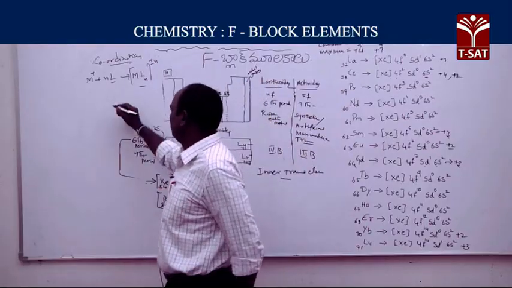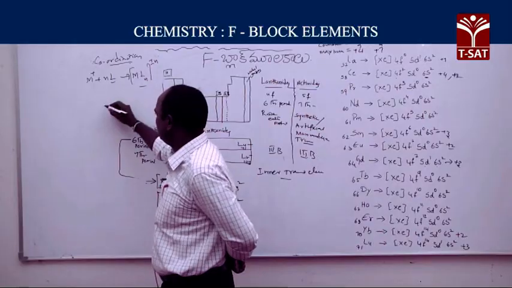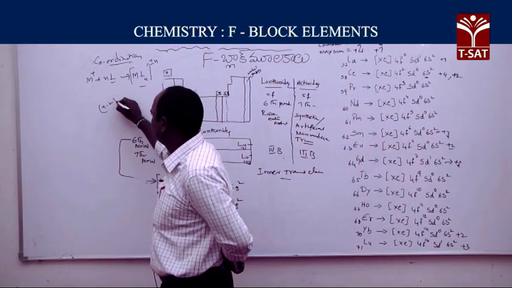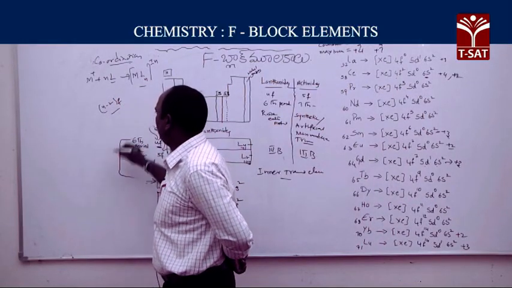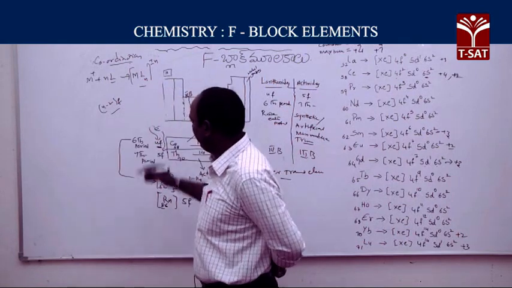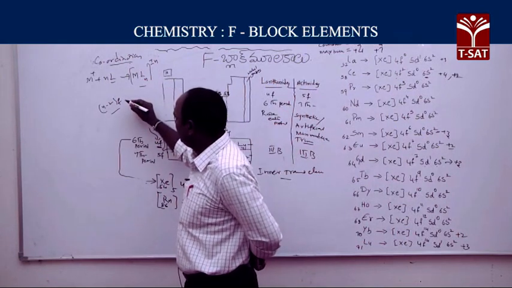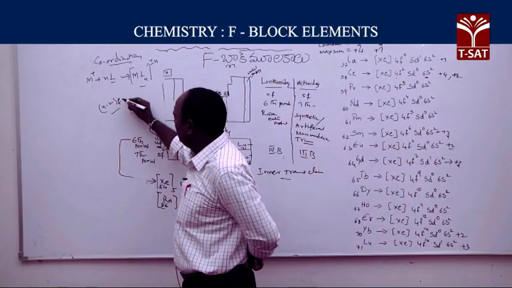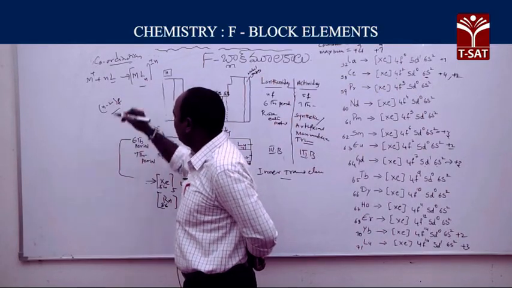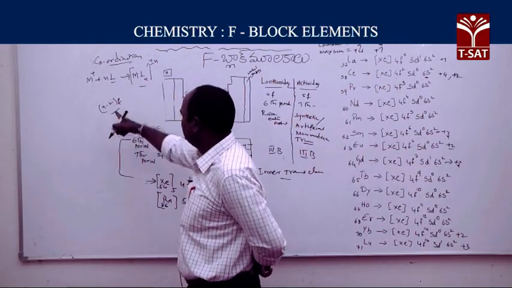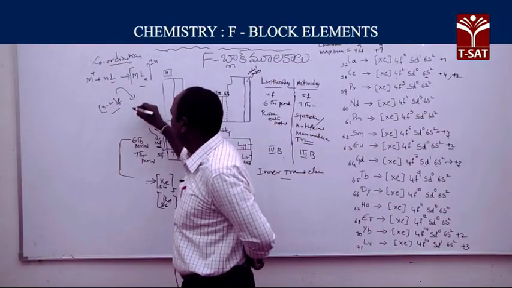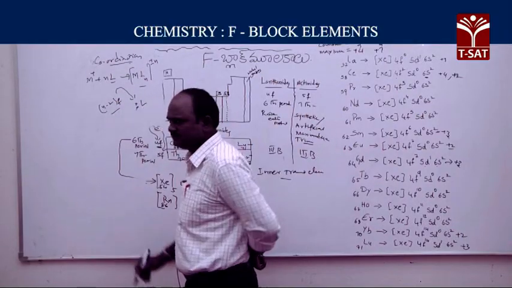In case of inner transition elements, the (n-2) f orbitals are partially filled. These f orbitals in inner transition elements are not providing empty orbitals towards the ligand.